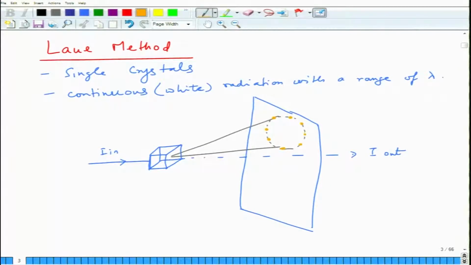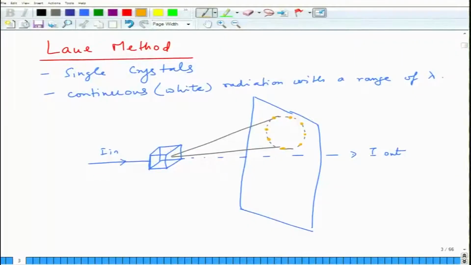Not all planes will diffract, only those planes which make the right angle. Right means not 90 degrees, but the correct or appropriate angle satisfying the Bragg geometry, which means whatever plane is going to diffract must satisfy theta in equal to theta out, and they must also satisfy n lambda equal to 2d sin theta.